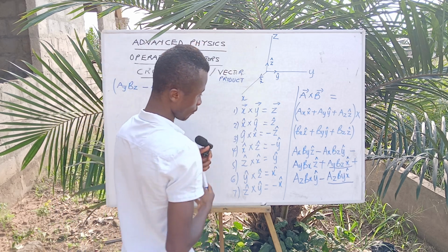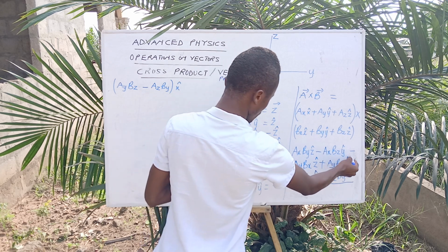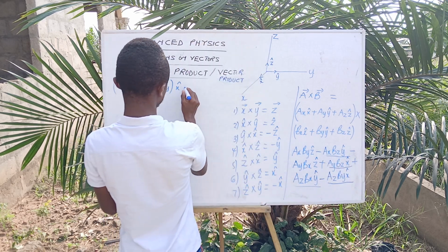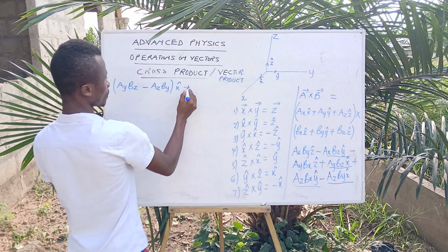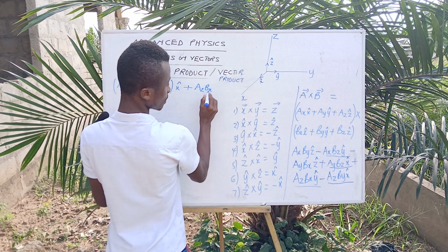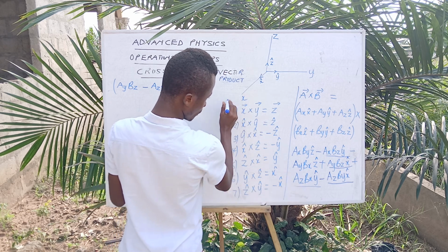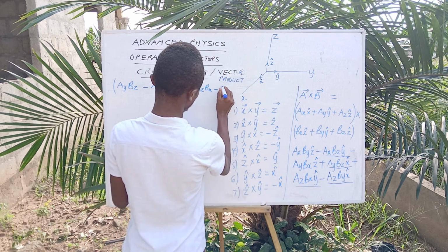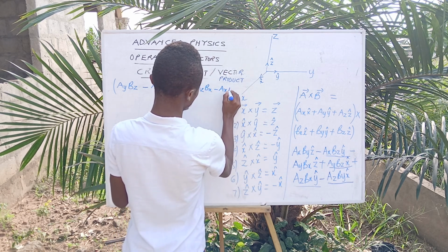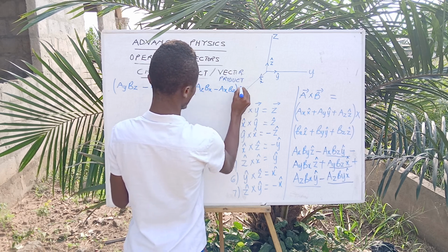Then we come to y-hat. For y-hat, we have AZ BX and AX BZ, so plus AZ BX minus AX BZ y-hat.